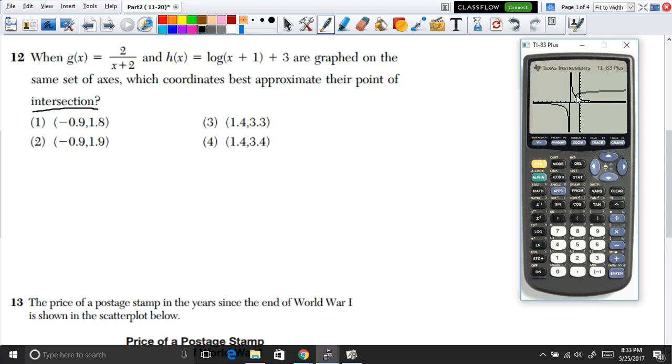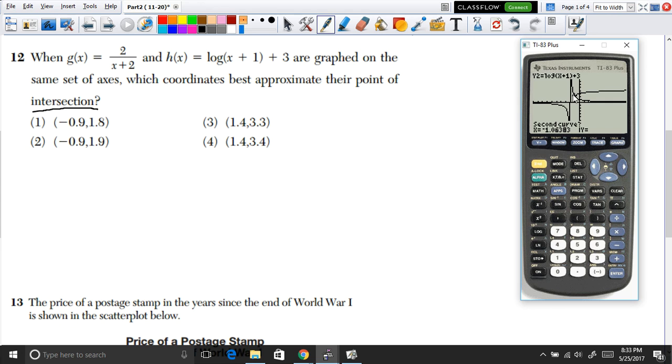If we want to have a more specific answer for this, we can press second, calculate. Let's look at option 5 because we're looking for the intersection. So we can use this option. Now it says, what's the first curve? Well, just try to have a point that is around where you think the intersection is, which is somewhere around here. So there it is.